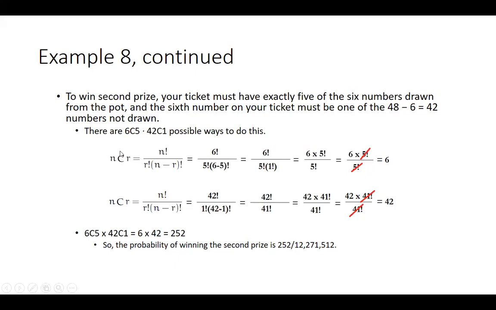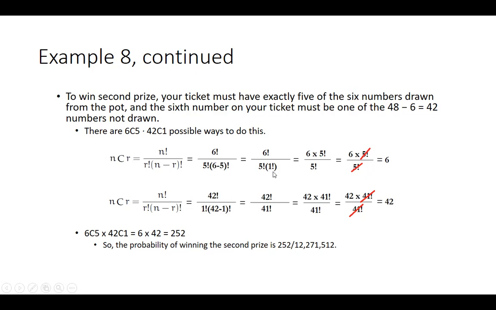So first, we'll use nCr to calculate 6C5. That's 6 factorial over 5 factorial times (6 minus 5) factorial. That's 6 factorial over 5 factorial times 1 factorial.